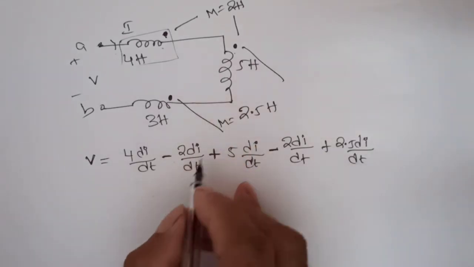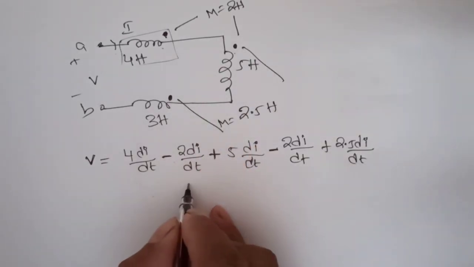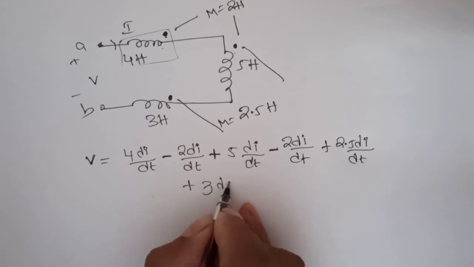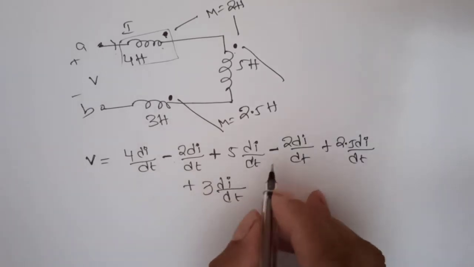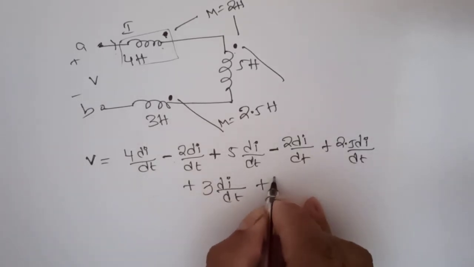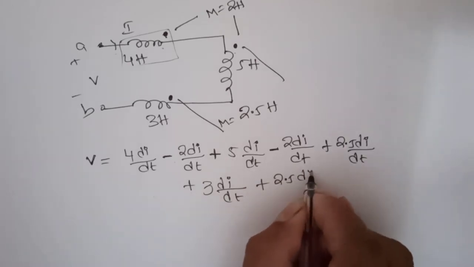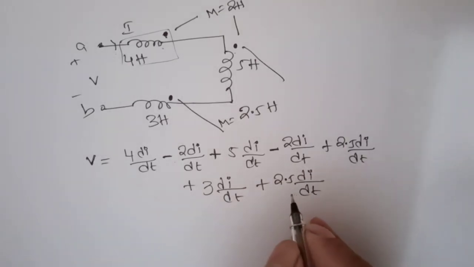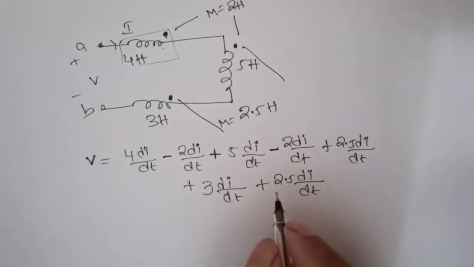Now coming to the third one, the self-inductance term is 3 into di by dt and the mutual inductance is plus 2.5 into di by dt.